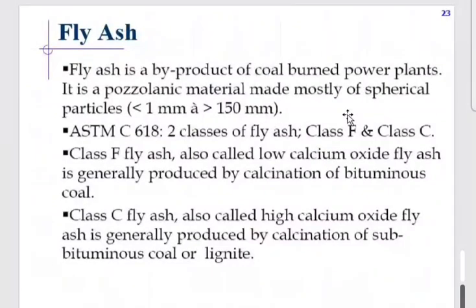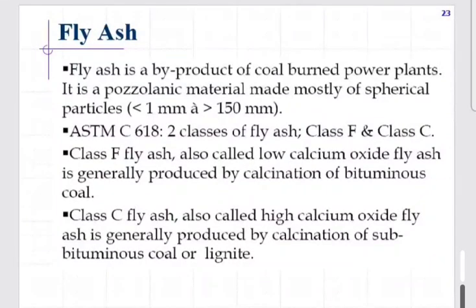But the ash you collect through the air, that is called fly ash, because it is flying. However, the ash which is collected as the leftover of coal burning, that is called coal ash.